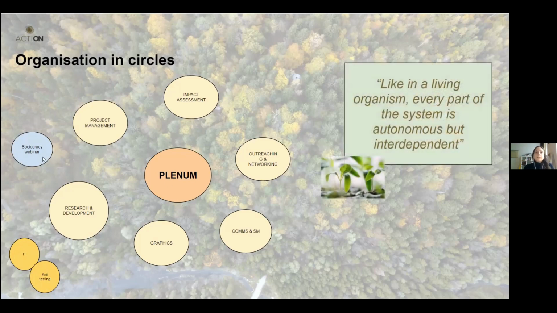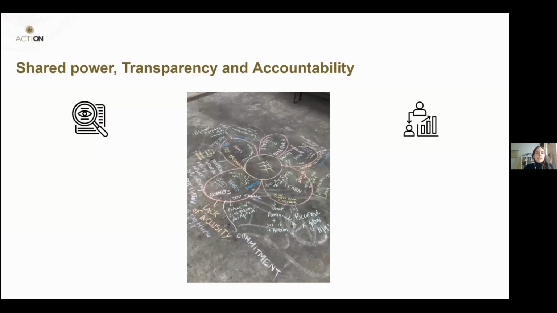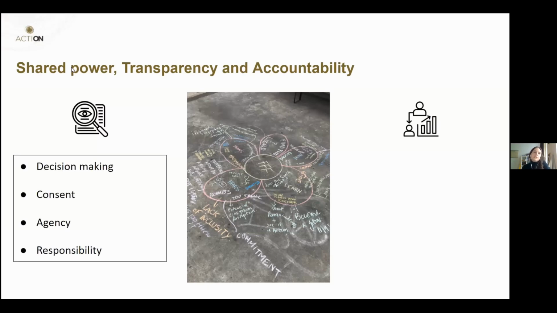As Liz was saying before, sociocratic organizations are like living organisms, and every part of the system is autonomous, but also interdependent and interconnected. Since the beginning, we have been working a lot on setting the framework for efficient cooperation, which ensures transparency, inclusiveness, and accountability. In order to be efficient, we make as many decisions as possible on the most specific level of the organization, within the circle.